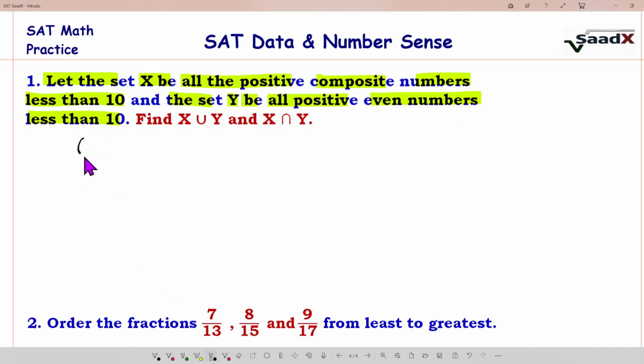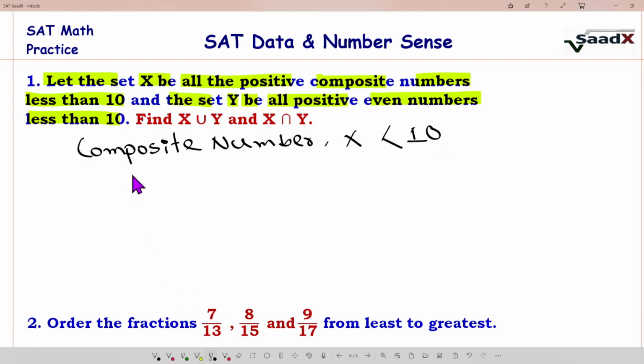We should find out composite numbers, which is denoted by X, and we have to find out less than 10. And we have to find out even numbers, which is denoted by Y, and it should also be less than 10.